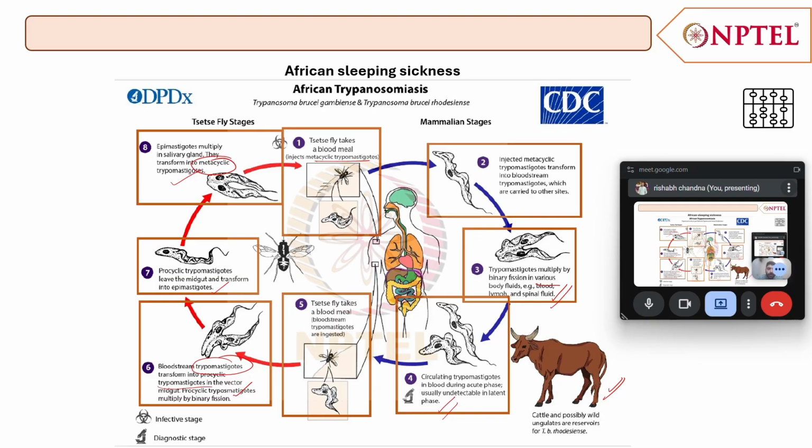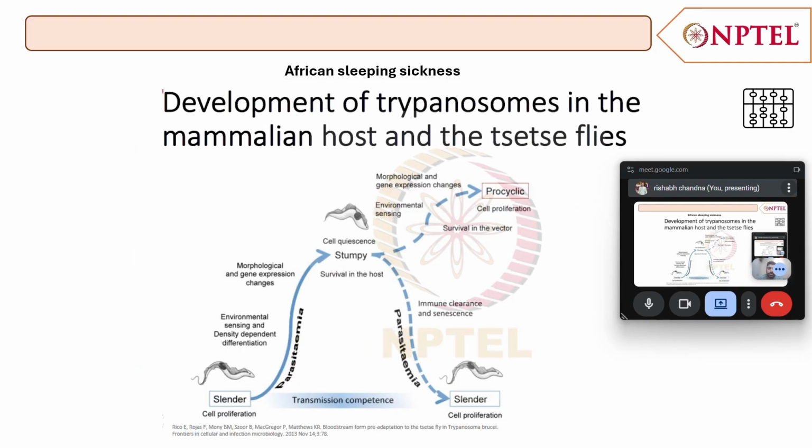Okay, now moving on to the cycle in the mammalian host and the tsetse fly. They have cell proliferation in the slender form. Then they have parasite quorum sensing, in which environmental sensing and density-dependent differentiation take place, followed by morphological and gene expression changes. Then they have survival in the host.